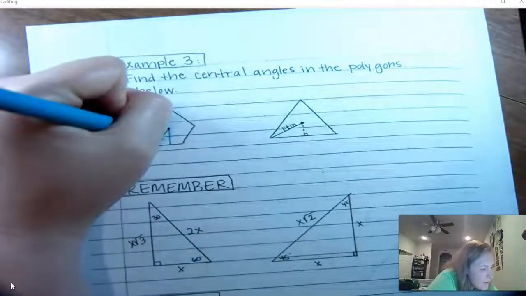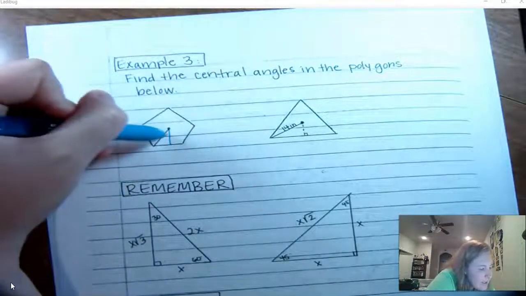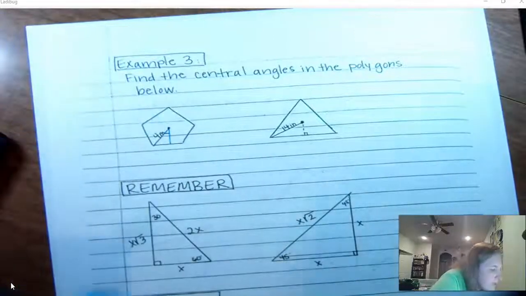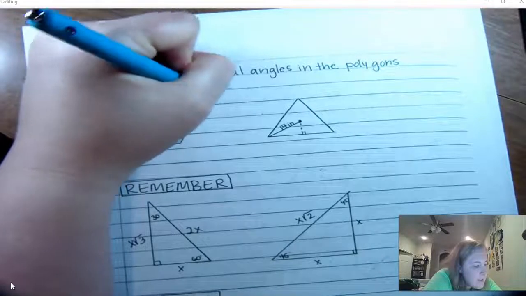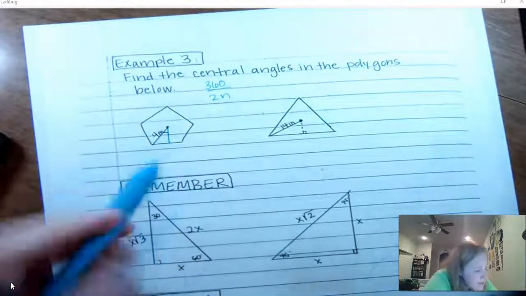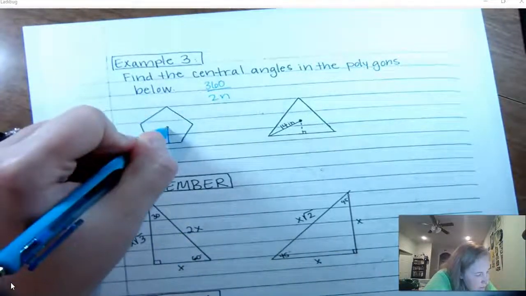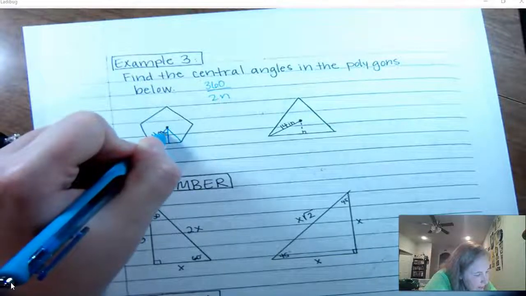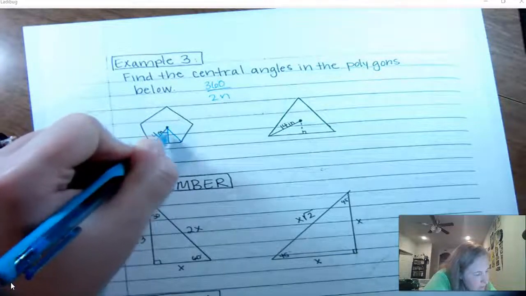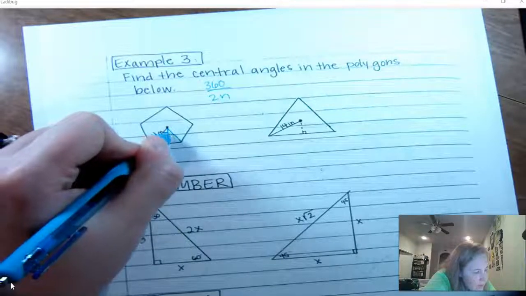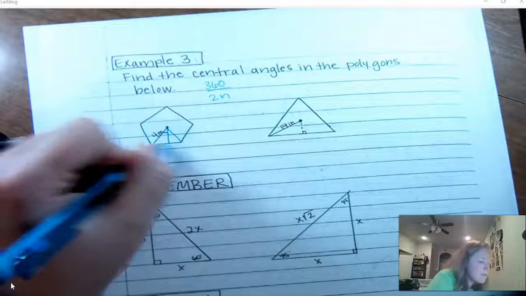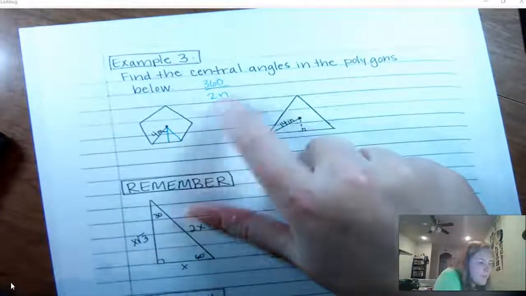So to find this angle right here, that central angle, the formula is 360 divided by 2 times the number of sides. And the reason is this angle is going to be half of one side of this triangle. Okay? And so if it's half of one side, that means we need to multiply each side by 2.